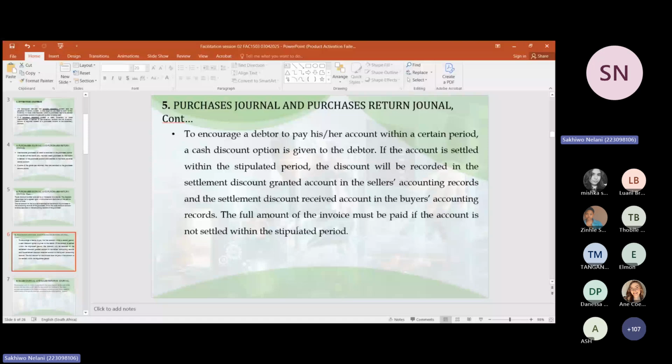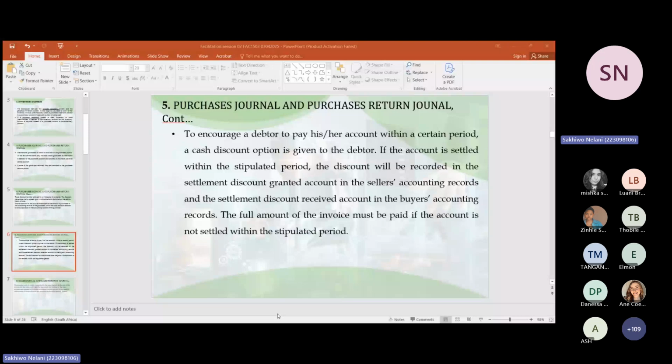For example, if you are expected to pay your account in full in 3 months, whether it's a clothing account or whatever, but you decide to settle it in a 1 month period, we call it a settlement discount. This settlement discount can be on the side of the supplier or on the side of the customers. But the accounting treatment is not the same.